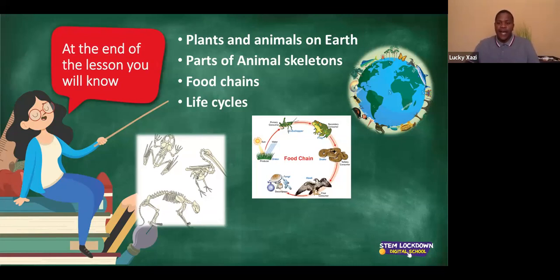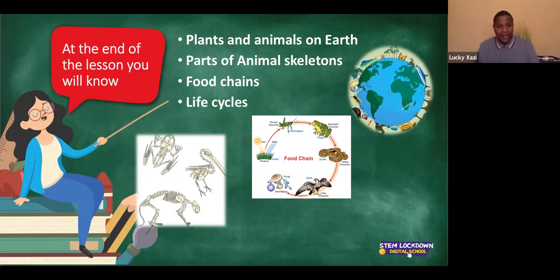If we look at the picture, it's a picture of Earth. It shows that Earth has water, there's land, there are different interesting animals, and there are different non-living things on Earth, which we also depend on. Let's look at picture number 2.